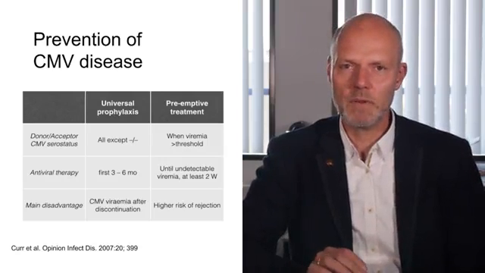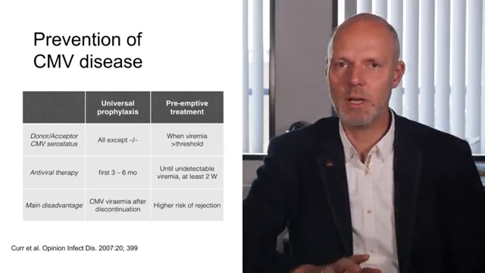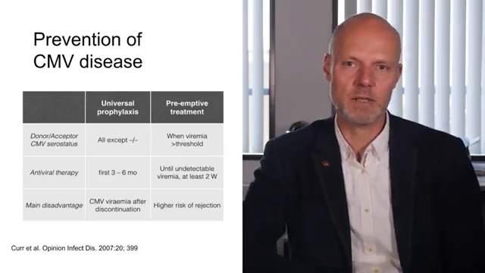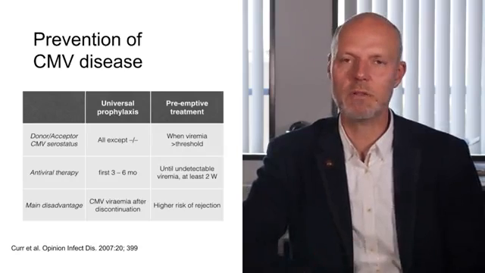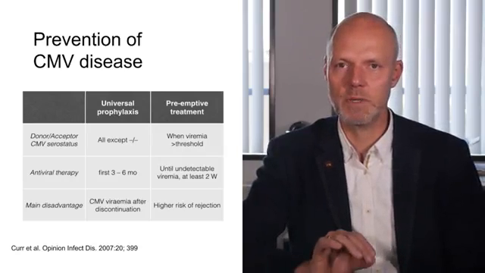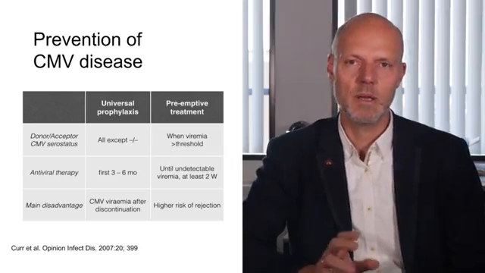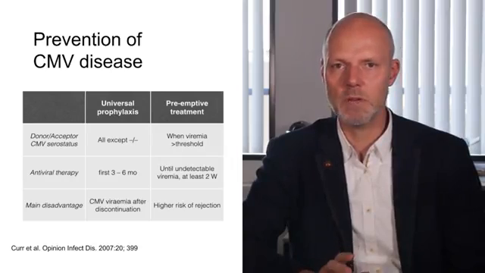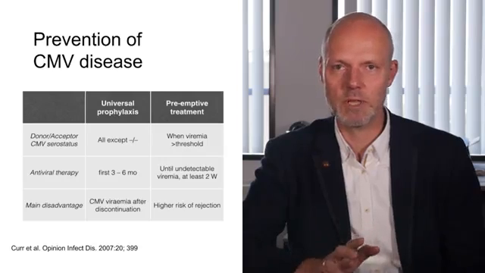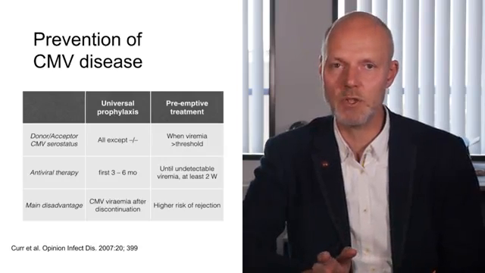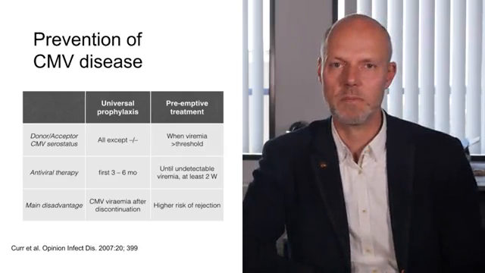The main disadvantage of the first strategy is the occurrence of CMV disease shortly after stopping antiviral prophylaxis. The second strategy may carry a higher risk of acute rejection because of the CMV-induced vascular allograft injury. Immune monitoring of CMV-specific T-cell responses looks promising as a tool to predict the risk of CMV disease after transplantation or to help decide when to stop prophylaxis.